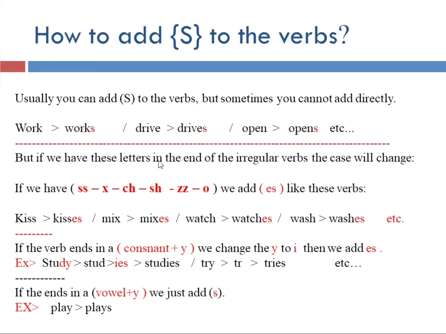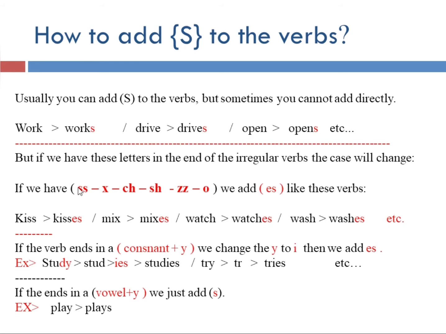But if we have these letters at the end of the verbs, the case will change. So if we have double s, x, ch, sh, double z, and o at the end of your verb, we add es.